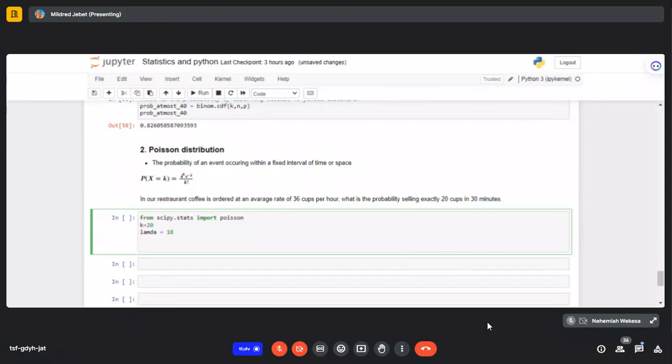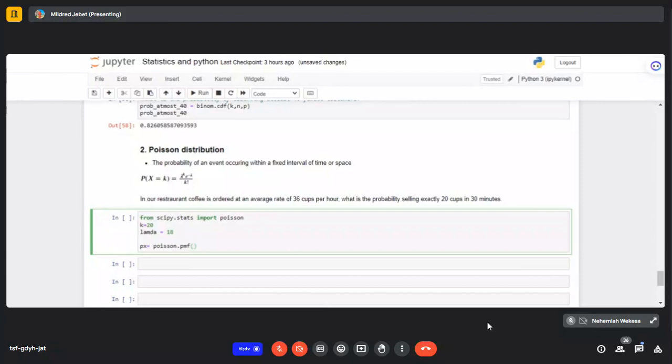And then now we come to calculate the probability. So I'm just going to do Px. It's going to be Poisson dot probability mass function.